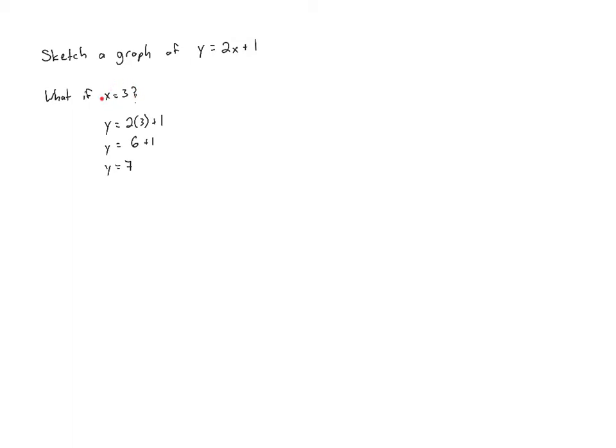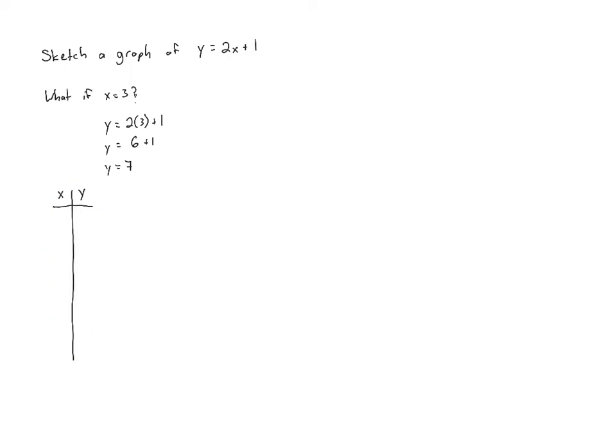All right? But that's not the only solution. I just said x equals 3. I just pulled that out of nowhere. I could have said x equals 2 or x equals 7 or x equals negative 63. And for each of those values of x, we could plug it in and figure out what y is. So what we're going to do is pick a few values for x, plug them in and figure out the corresponding values of y, and list those in what we call a table of values.